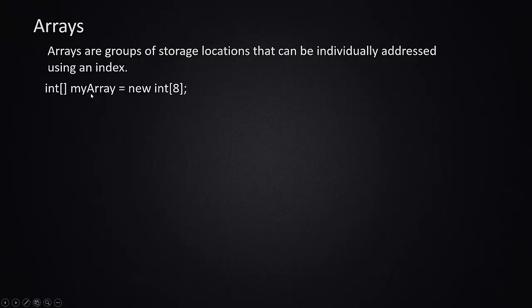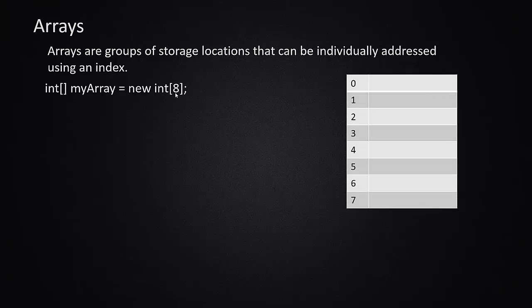We're going to call it myArray, and then I use this weird syntax that we'll explain in a few minutes, where I say equals new, and then again the type, and this 8 here is telling me how many items in my list or my array I am going to create. So you can think of that as sort of a table, a table that has indexes 0 through 7 and a spot to store each of those integers.